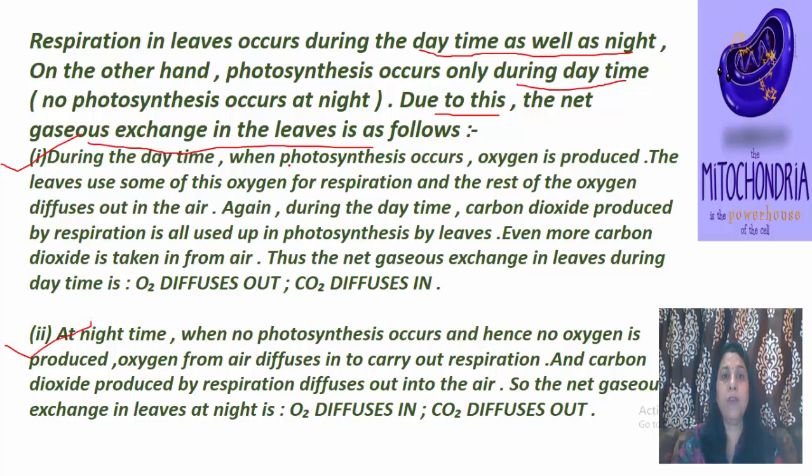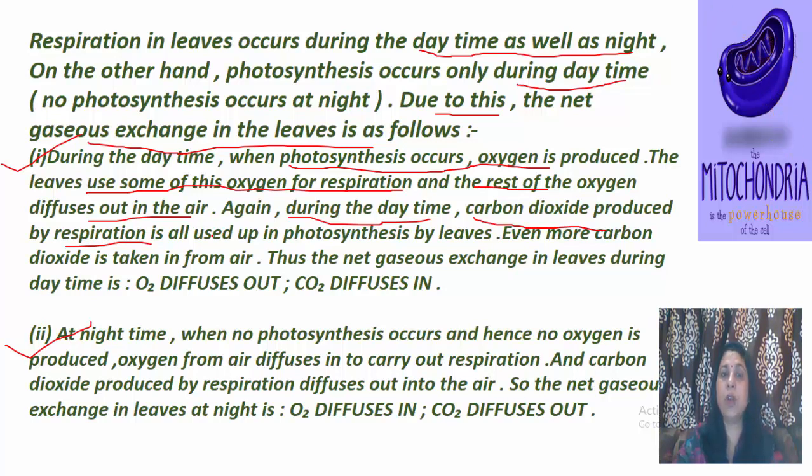Now during the daytime, when photosynthesis occurs, oxygen is produced. The leaves use some of this oxygen for respiration and the rest of the oxygen diffuses out in the air. Again during the daytime, photosynthesis and respiration both are taking place. So during photosynthesis, what is produced? Oxygen.